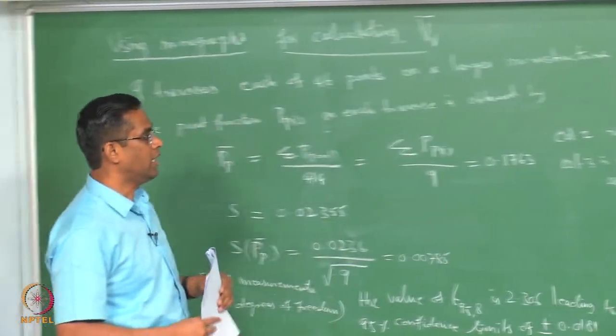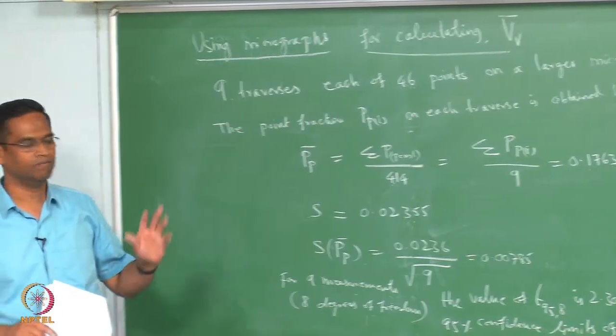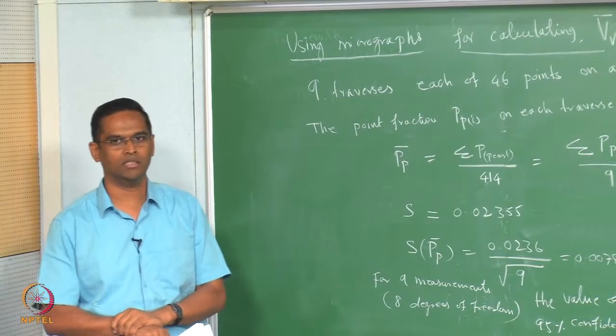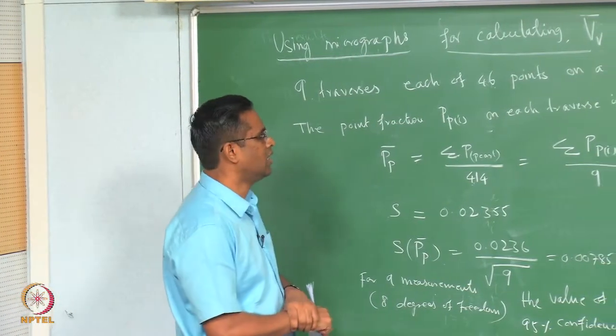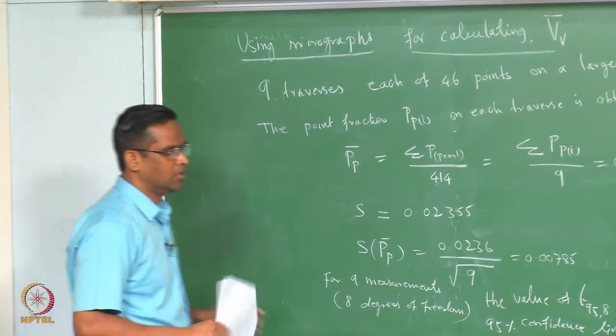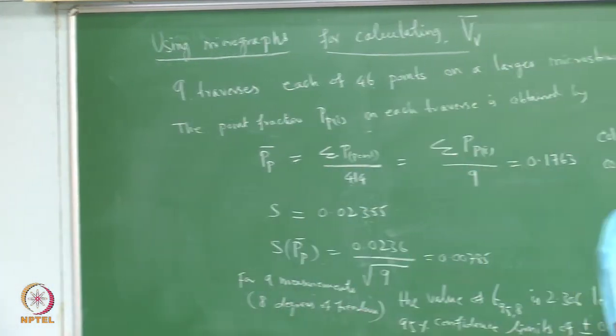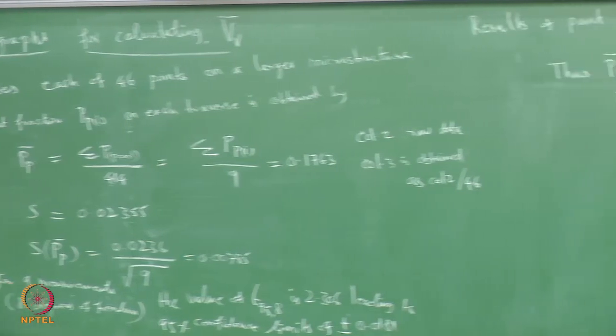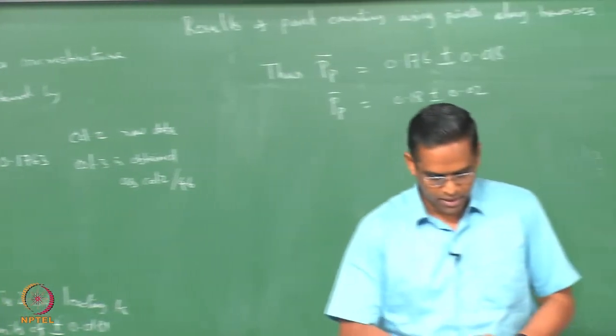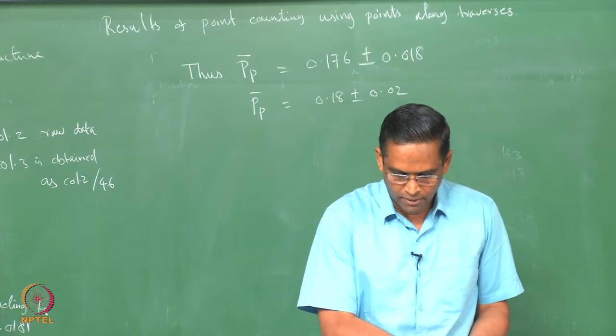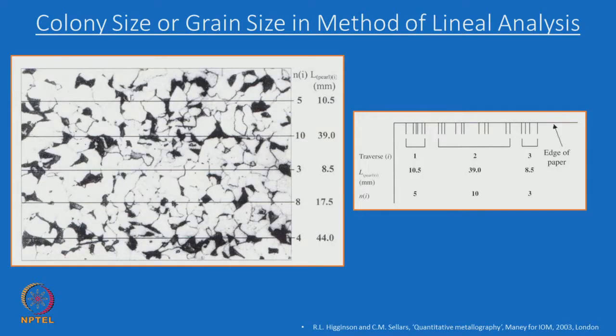So, the same thing can be demonstrated using the linear analysis of a similar microstructure. You can have a look at the other slide that I have shown here. You can also look at the point fraction.